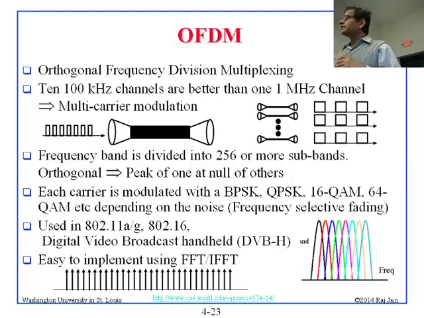Alright? So some of these carriers are used for pilots and others are used for data. But depending upon the pilots, we know which carriers to modulate with what modulation. Alright? And we can get the maximum out of that channel.